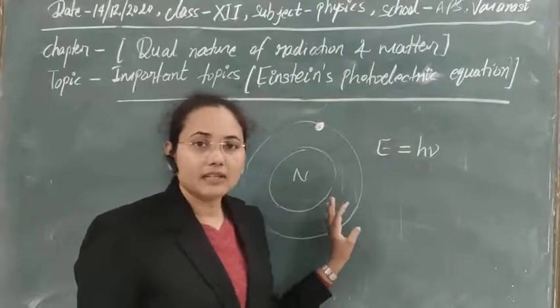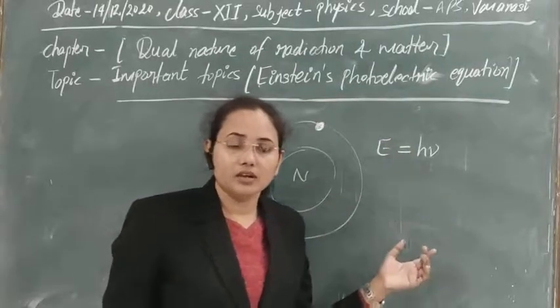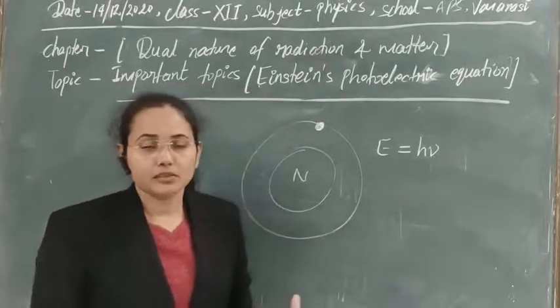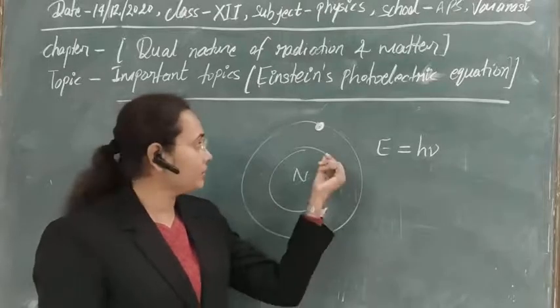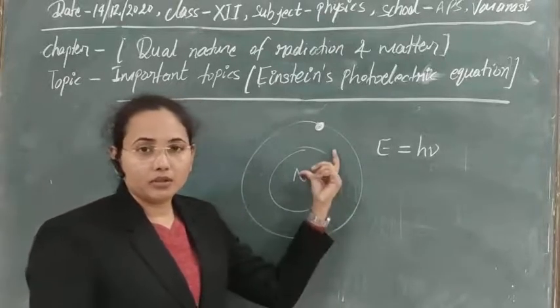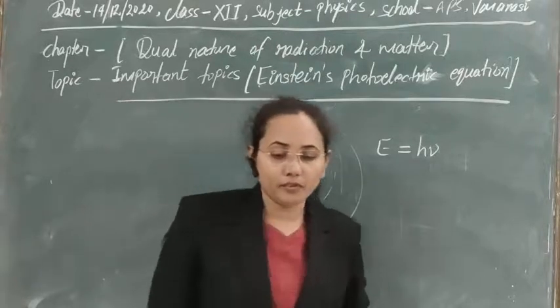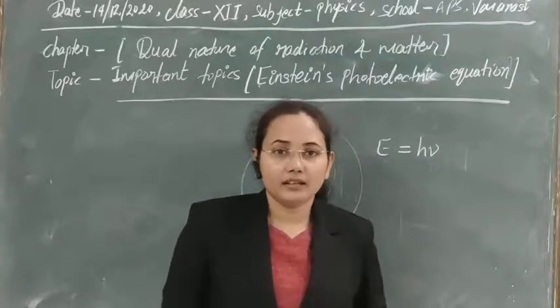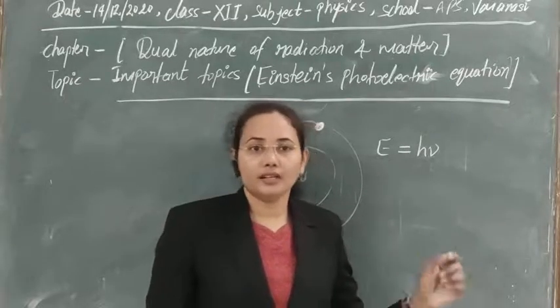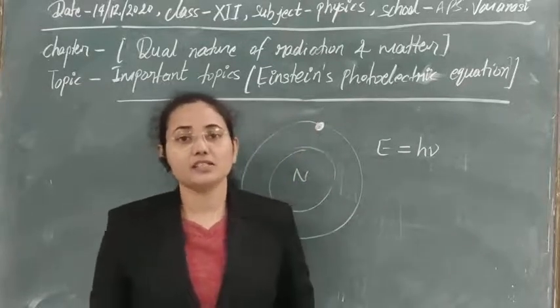Then obviously the metal will have some work function or some potential barrier it will feel, because due to attractive forces, the electron is bound to it, and if you have to make it free, then you have to add some energy. So the energy required to remove one electron from the metallic surface is its work function.